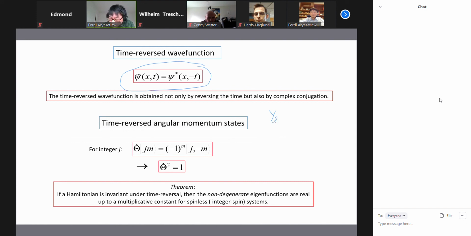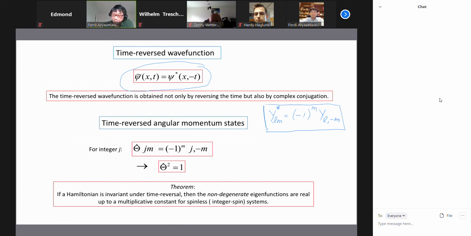So if I have spherical harmonics like this, then this is equal to minus 1 to the m times the spherical harmonics with minus m. This comes from the properties of the spherical harmonics.